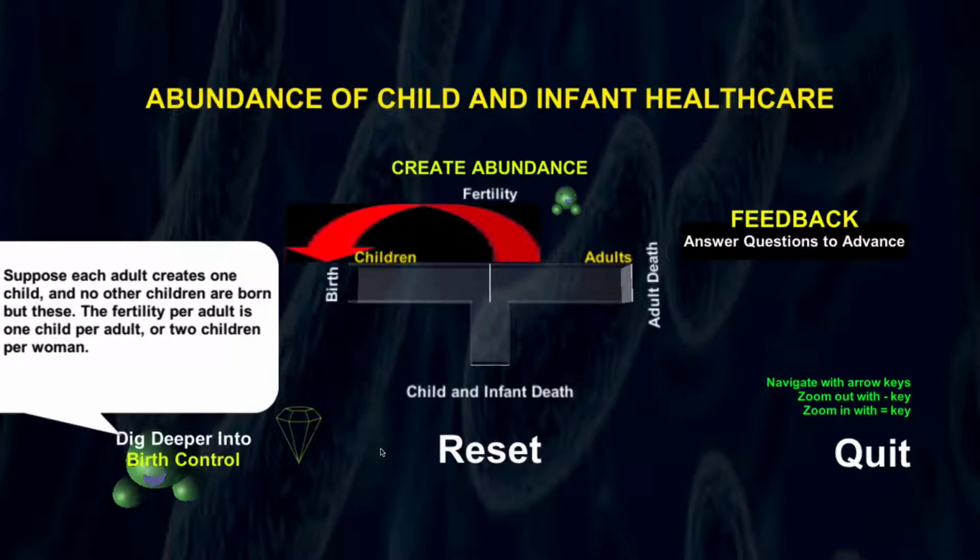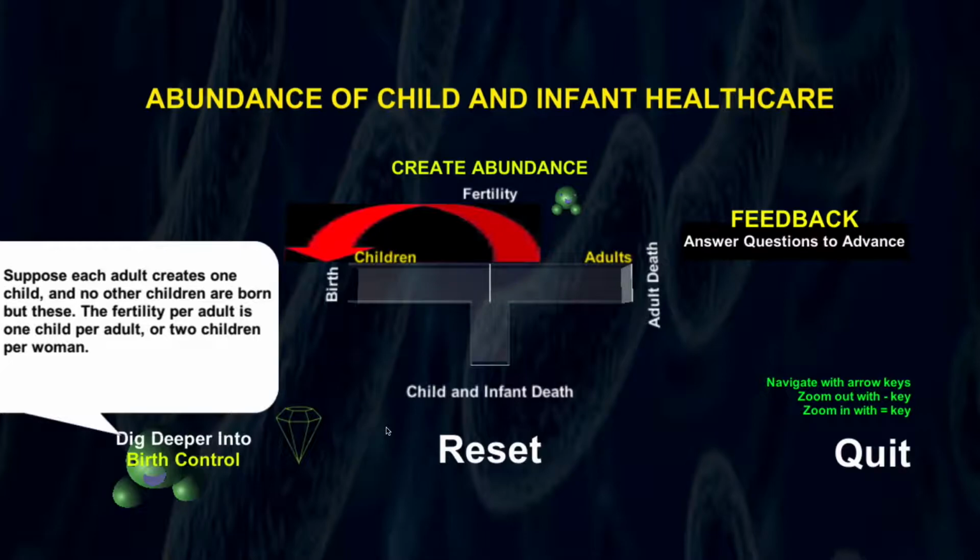So let's watch that again. The way this works is I seed the system with 10 children and then see what happens. Okay, here come the 10 children. Adult, death, death, adult, adult, adult. Each time there's an adult formed, a child is also formed. But eventually the population dies out because it doesn't replace itself.